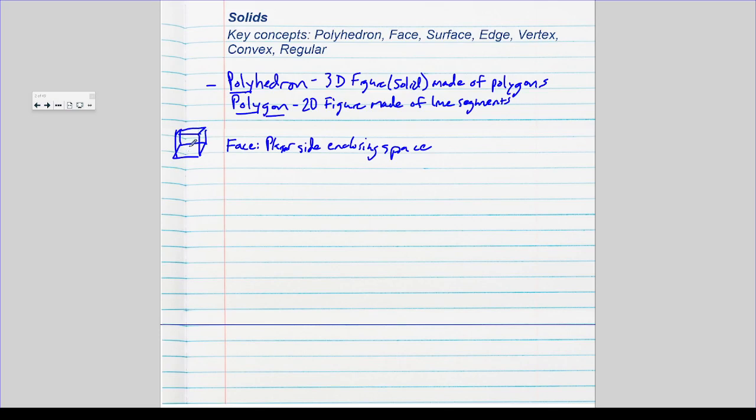Faces can be polygons or not. We have what we call bases, which are like top and bottom sides, and then we have lateral faces, which are the ones around the side. For example, on a cylinder, you wouldn't call the lateral surface area a face, but it is part of its surface.